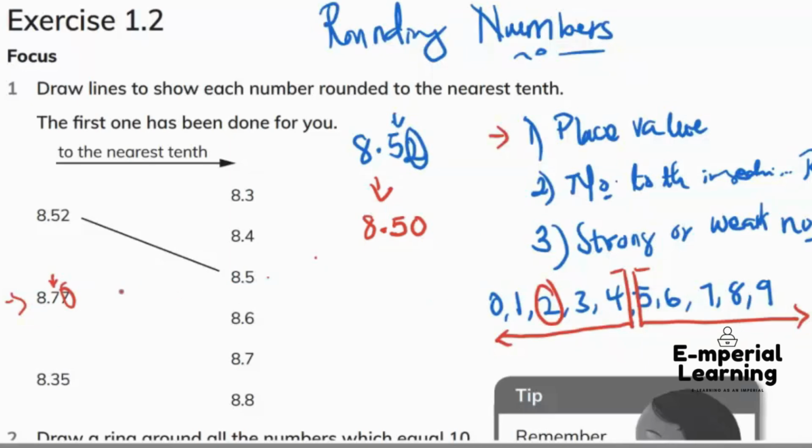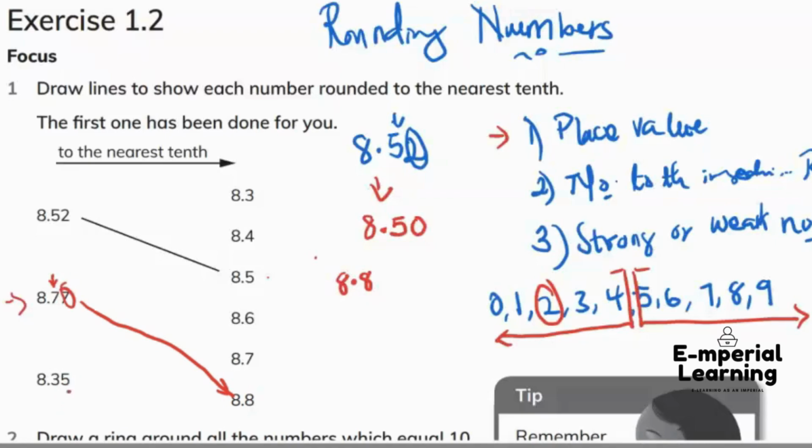With strong numbers, it gives the number in the place value mentioned a 1. So it becomes 8.8, because this 7 becomes a 1 and adds on to the 7 here. So this is our answer, 8.8.